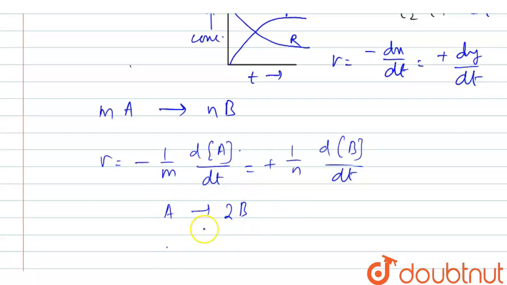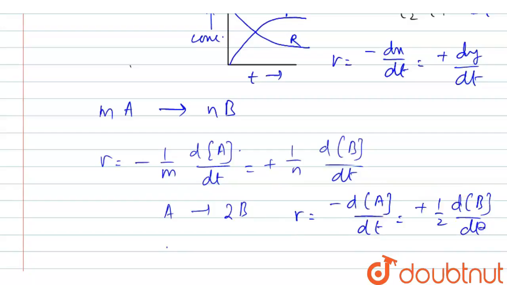So the rate of a reaction can be expressed in terms of A or B. Here the rates of consumption of A and formation of B are different, so to equate them, we write rate of reaction equals minus d[A] by dt equals plus half of d[B] by dt. Why?